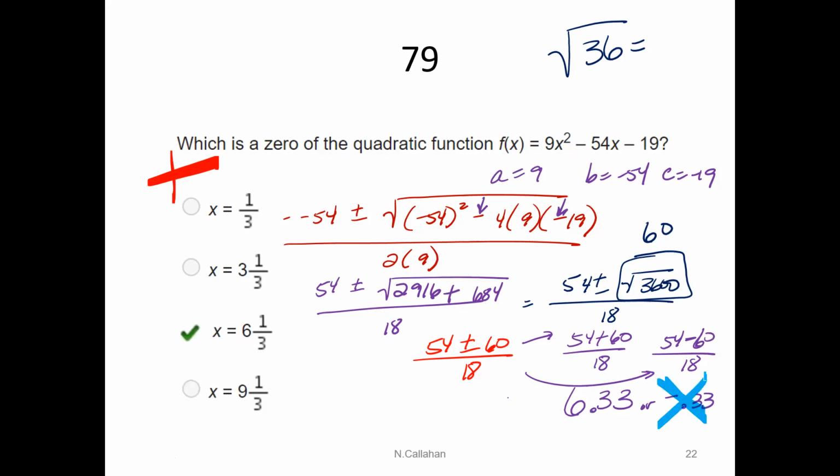That's not the correct answer. Which one of these is equal to 6.33? Which one do you guys think? A, B, C, or D? Well, the only one that has a 6 is C. 1 divided by 3 is 0.33. So it's 6.33 right there. That's your answer.